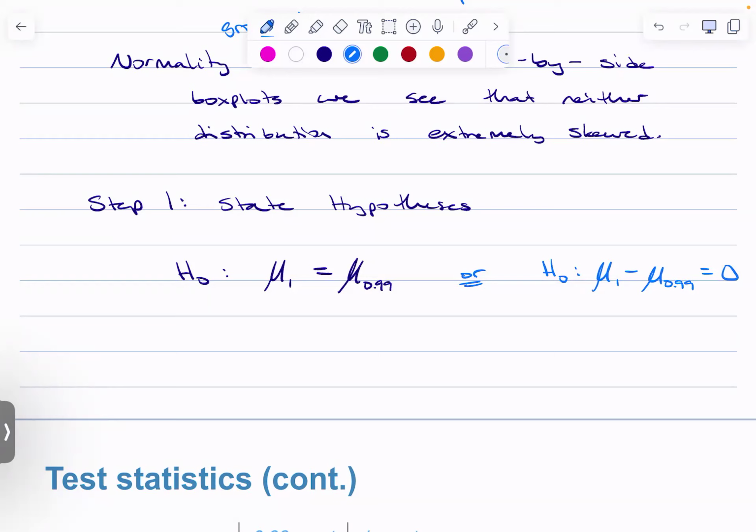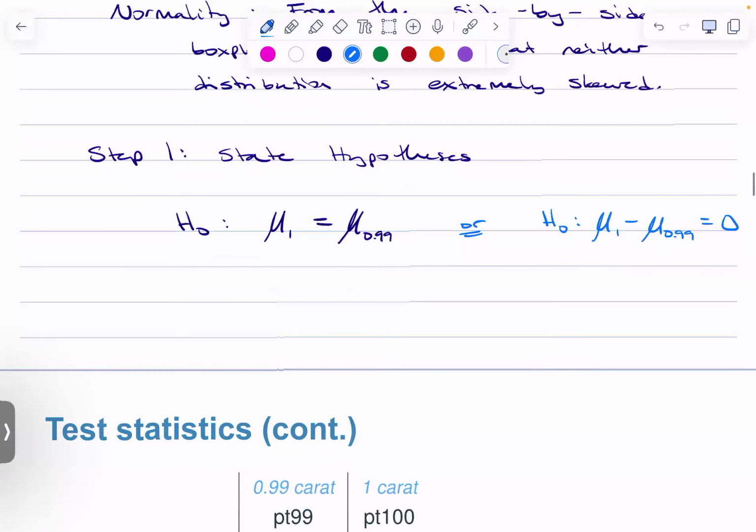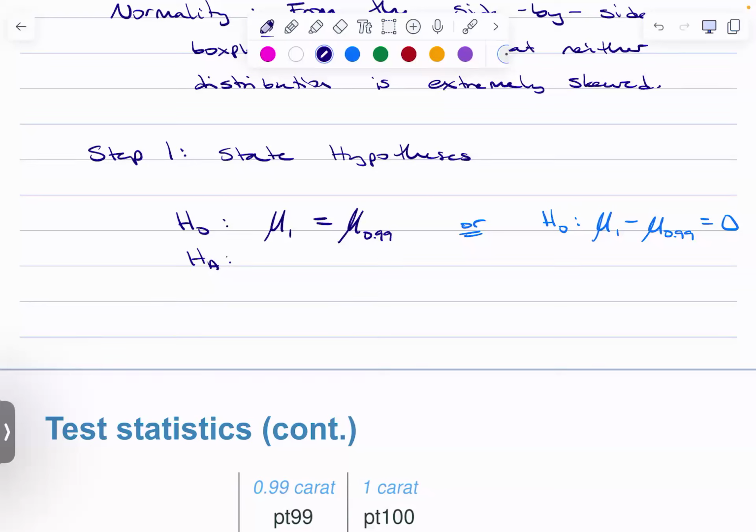They're saying the same thing. And so if they're equal to each other, then yeah, the difference would be 0. So you pick and choose whichever one you want. The alternative hypothesis: in this case, we want to know if mu1 is higher, significantly higher than mu 0.99.